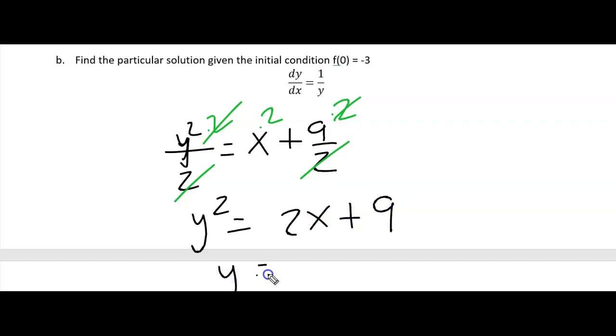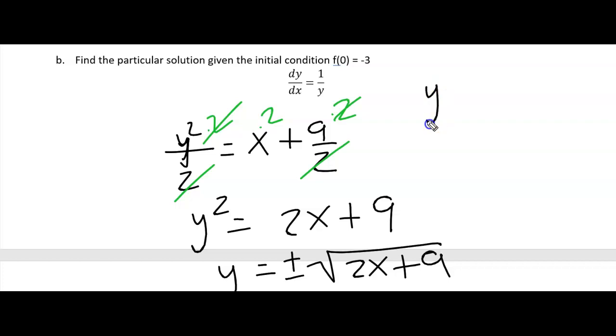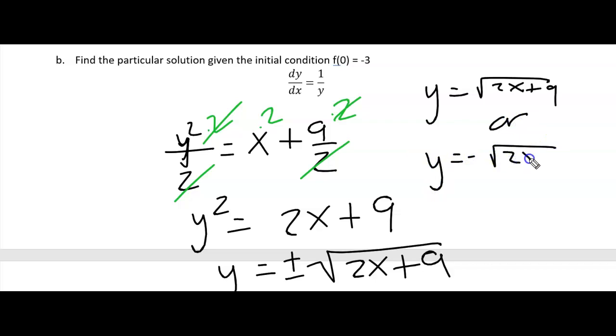Now remember, when you get a square root, you get a plus and a minus. So now this is the whole reason I'm including this particular example. There are 2 possible outcomes here, okay? y is either the square root of 2x plus 9, or y is the negative square root of 2x plus 9, right?